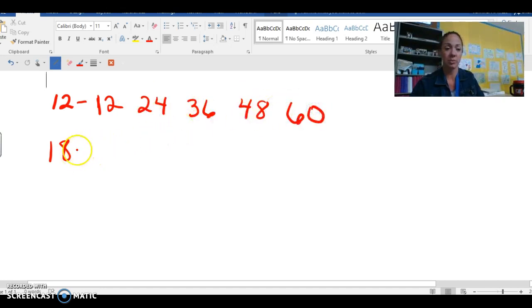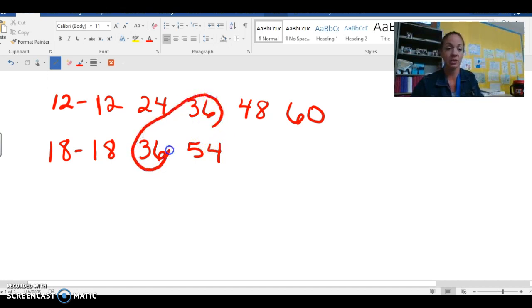And then let's find my multiples of 18: 18, 36, 54. I already see our least common multiple in my list, so I'm just going to stop and circle the 36. The riders will meet again in 36 minutes because 36 is the LCM, the least common multiple.